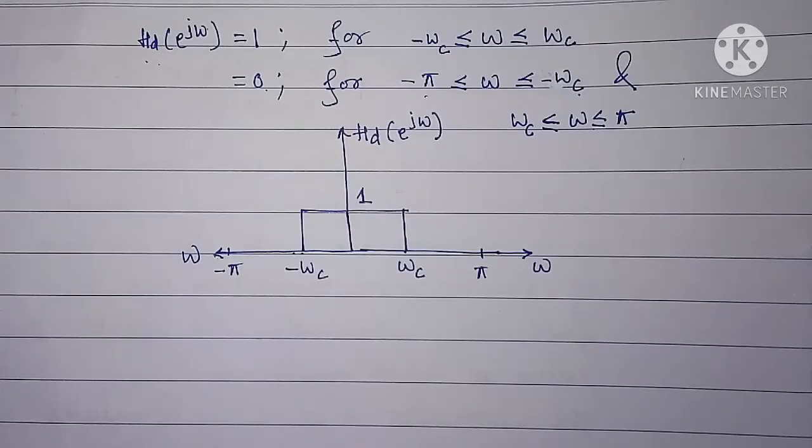Now we have to make use of Fourier inverse transform to find HD of n.